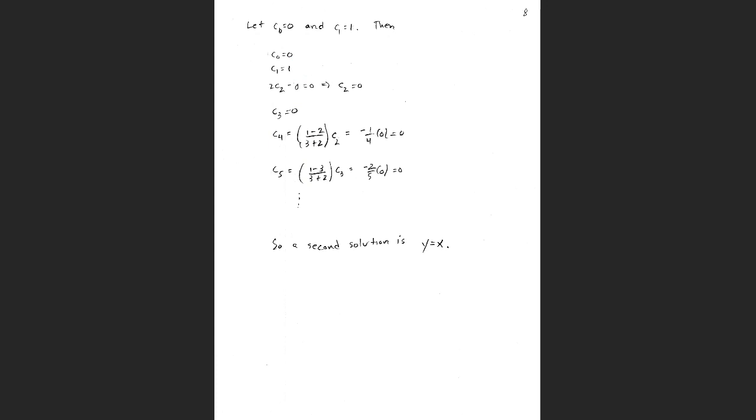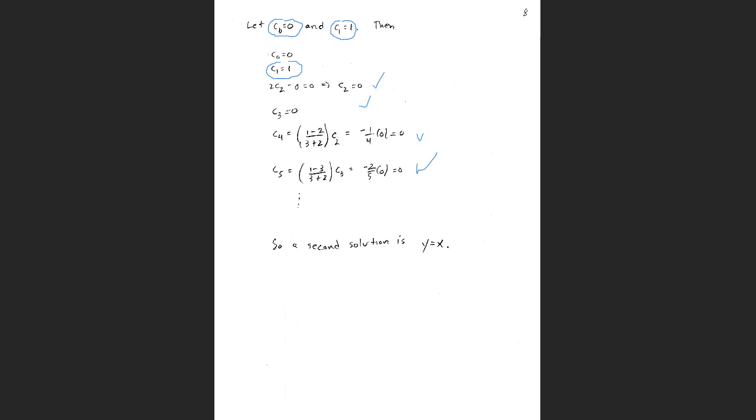Okay, well, now on the next page, to get the other power series solution, we let C sub 0 equal 0 and C sub 1 equal 1. And then we go through the same process again, and we evaluate the coefficients. It turns out that this time, all the coefficients are going to equal 0 except C1 equals 1.